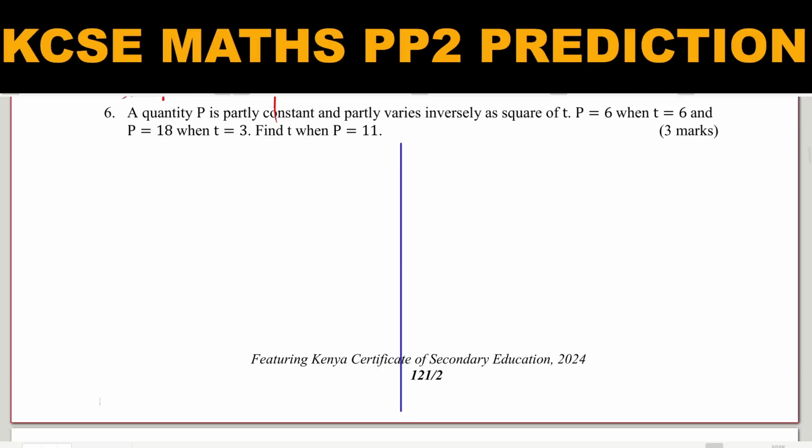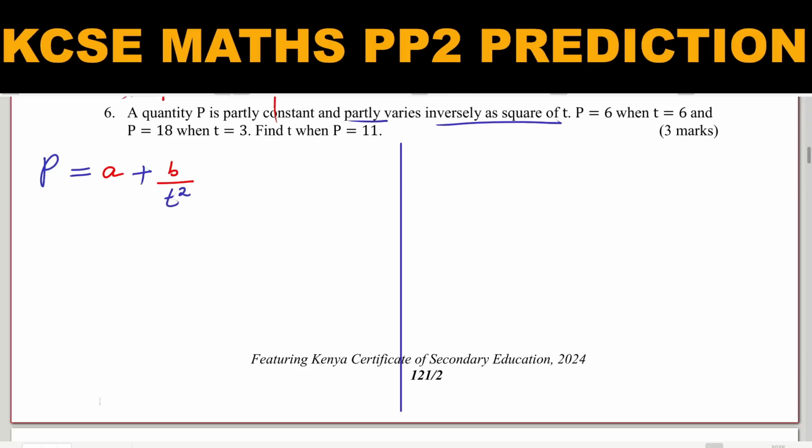A quantity P is partly constant. The constant I'm going to use is A. And partly varies inversely as the square of t. So before you write inverse of t, you have to indicate the other constant. You must have two constants here. Then divided by, because it is inversely as the square of t, so square of t is supposed to be like that.